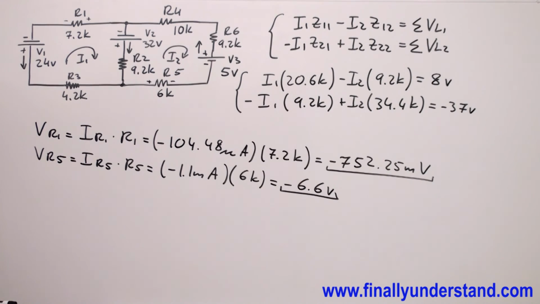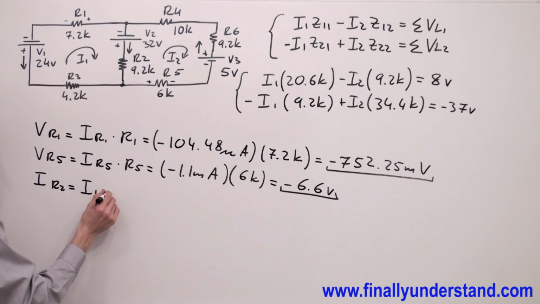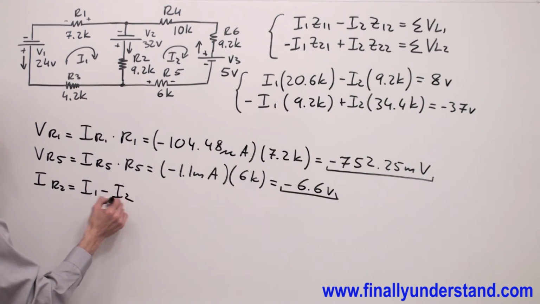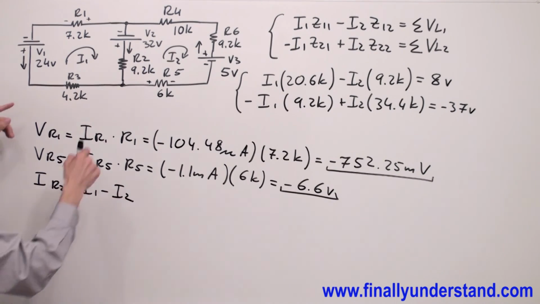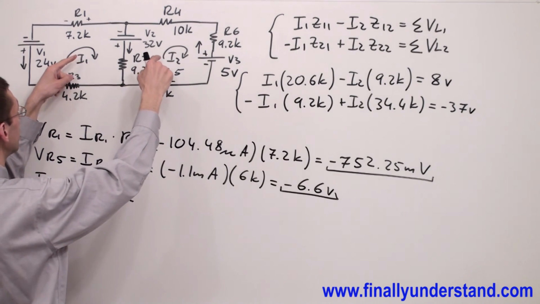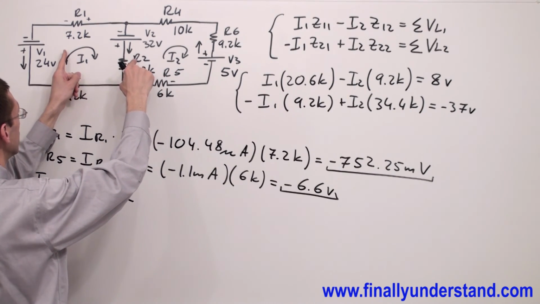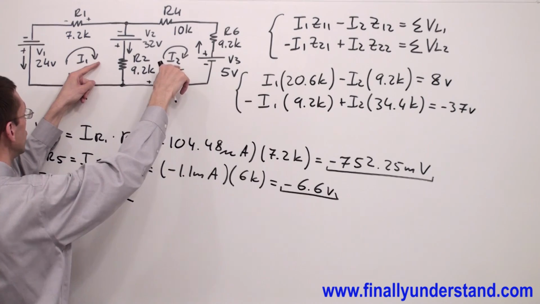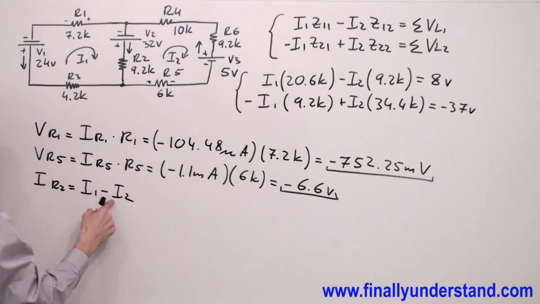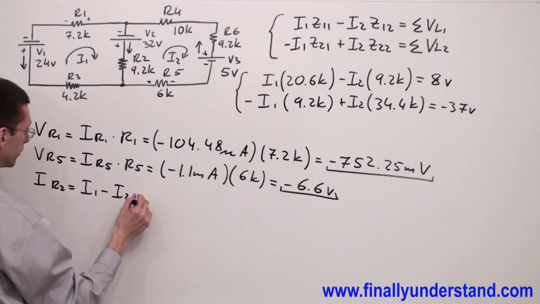Next, we're supposed to find the power at resistor R2. So we have to find the current which goes through this resistor first. IR2 is going to be equal to I1 minus I2, the difference of these two currents. Why the difference? Because they are going to oppose each other at this component, since this one is going to go down and I2 will go up. Anytime they are opposing, you're supposed to subtract them.